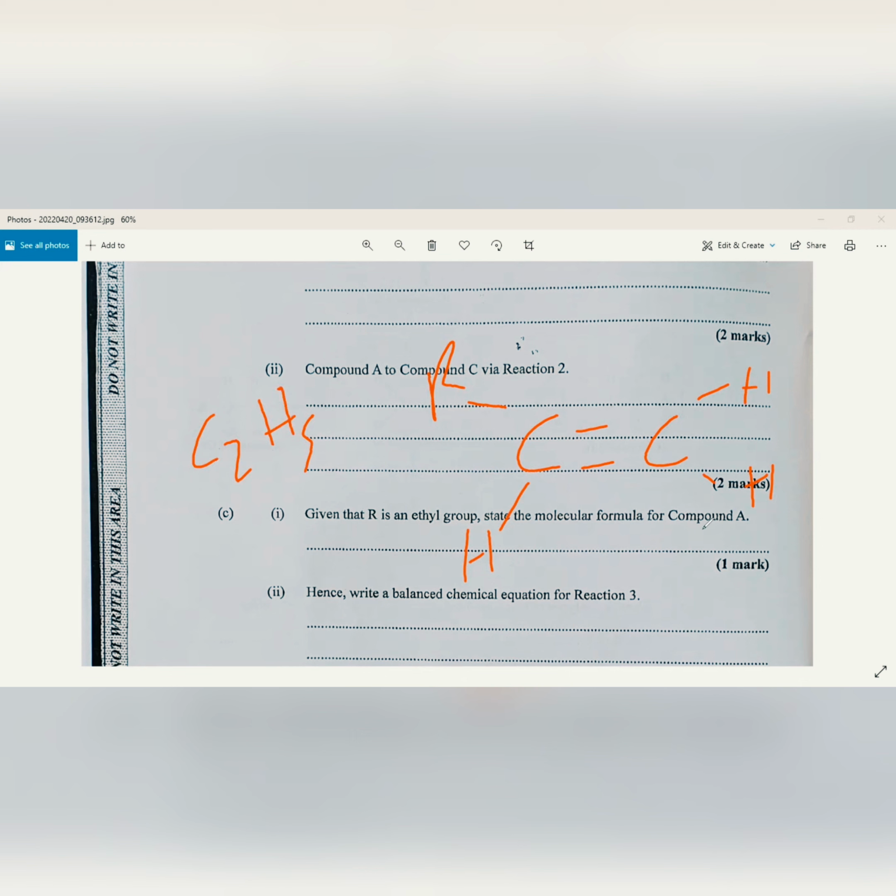State the molecular formula for compound A. So basically, we're going to replace R with this, and now we're going to state the molecular formula of compound A. So all you need to do is just count the number of carbons here. So that's 2, 3, 4. So you write C4, right? And then now count the number of hydrogens. There are 5 hydrogens here. Okay, 5, 6, 7, 8. So it's C4H8. There you go. And that would be the molecular formula of compound A.